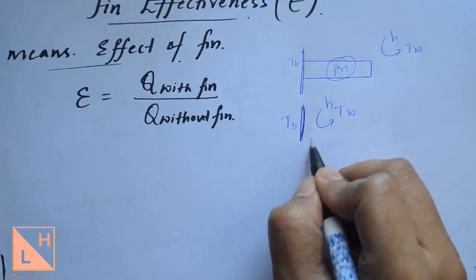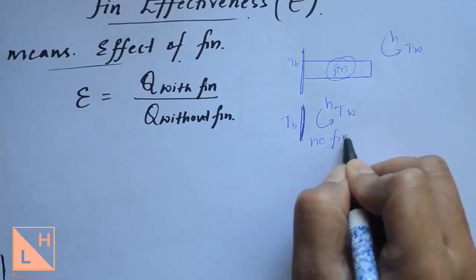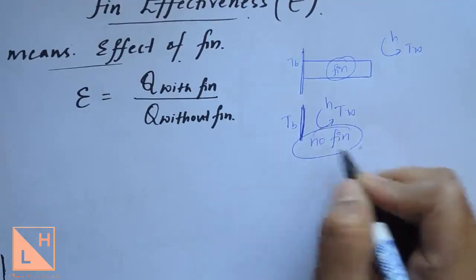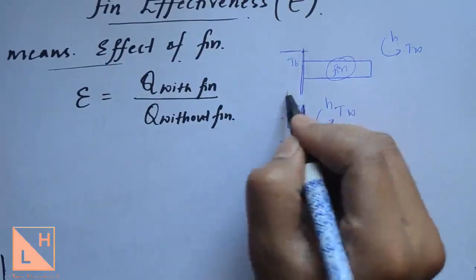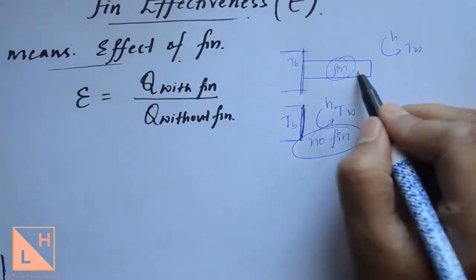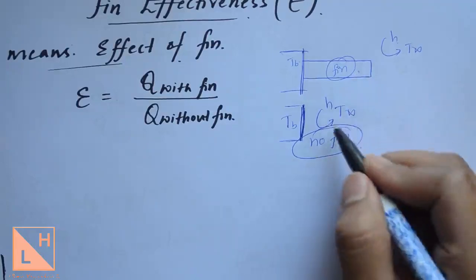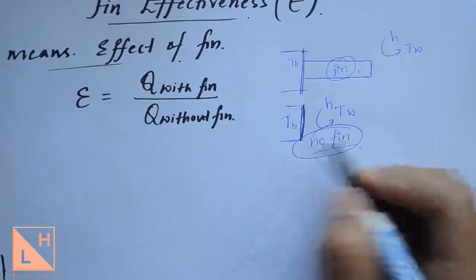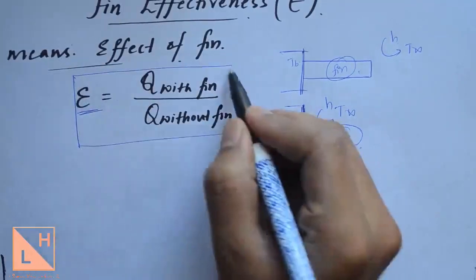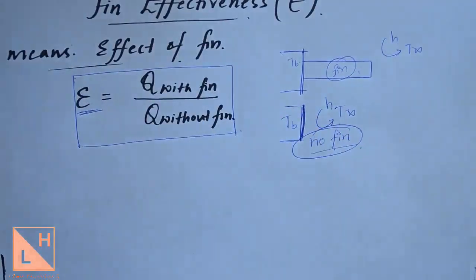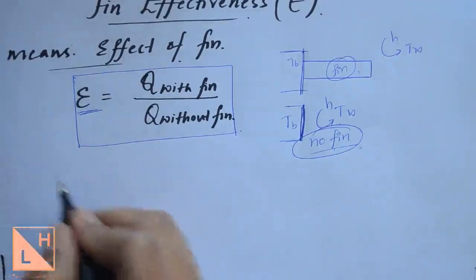Now this does not have a fin. This is the example of heat transferred without a fin, and the first one is for heat transferred with the presence of a fin. By taking the ratio of that, we'll get the value of effectiveness of the presence of a fin.